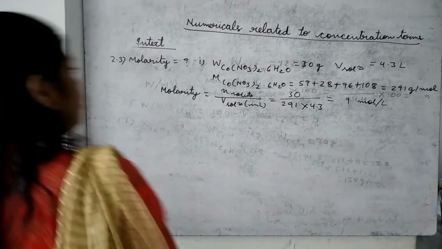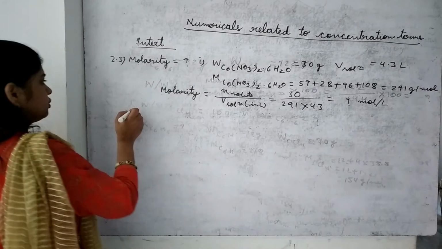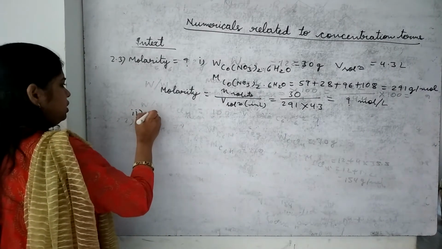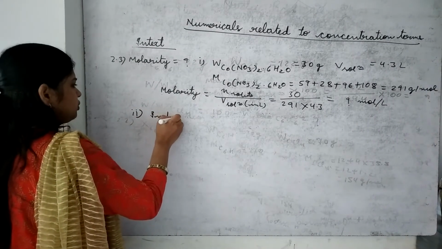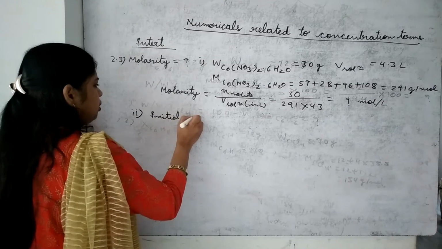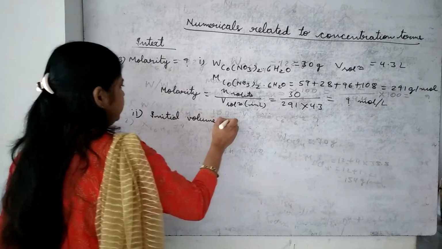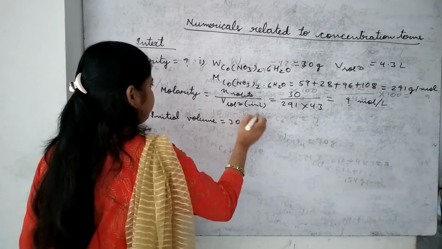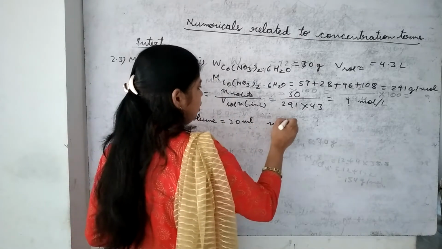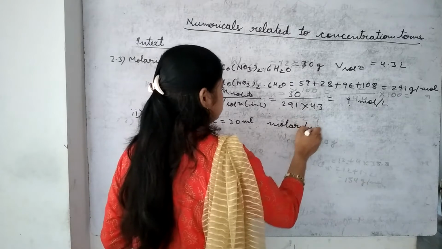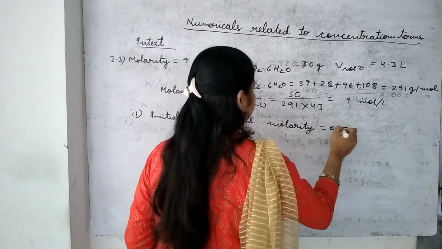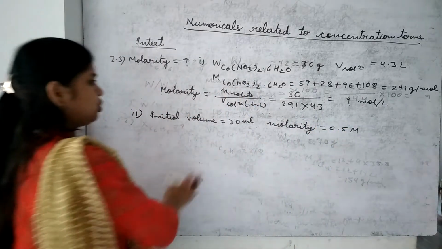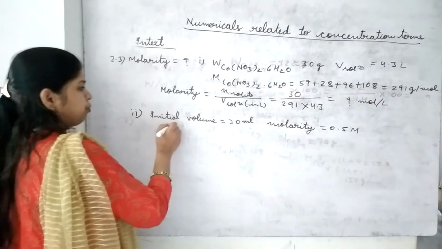So the initial volume is given as 30 ml, molarity 0.5 molar. Now through this we'll find the number of moles.